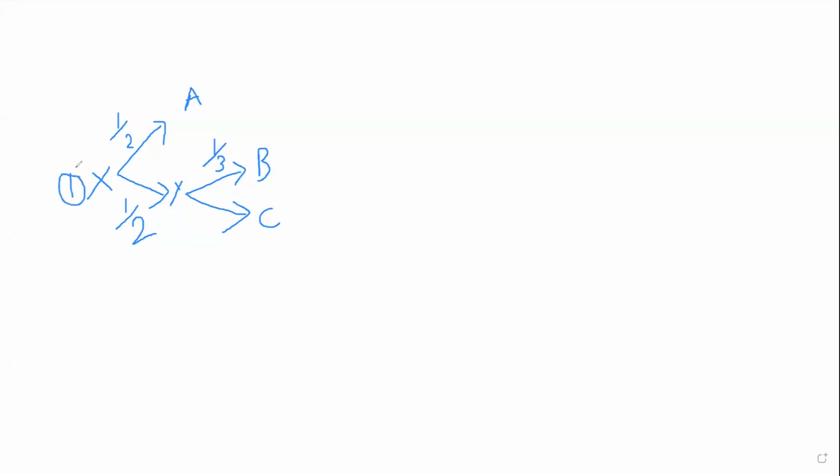So from that one portion, if you give half, the remainder is 1 minus half, which is equal to half, right? From the half only, you are giving 1/3 for B. And if 1/3 is for B, the balance is 2/3. 2/3 is given for C.